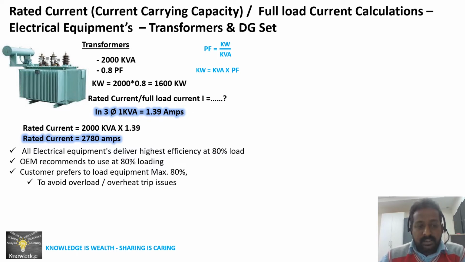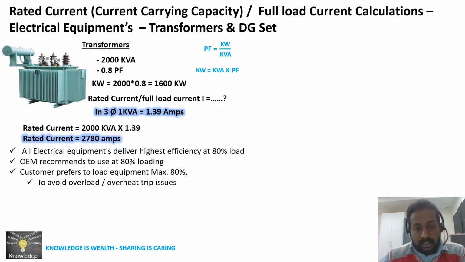And the last is that end user customers prefer to load their equipment at maximum 80%, to avoid overload and trip issues, and to have an alert when it crosses 80% without tripping. For this purpose, usually all electrical equipment is loaded up to 80%.